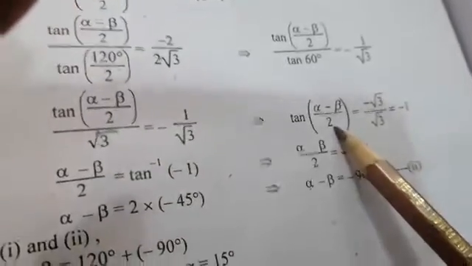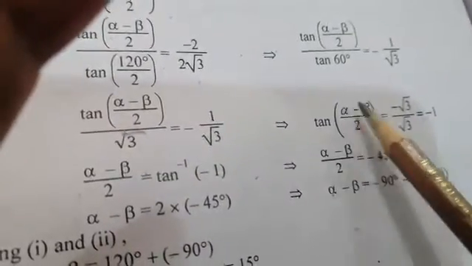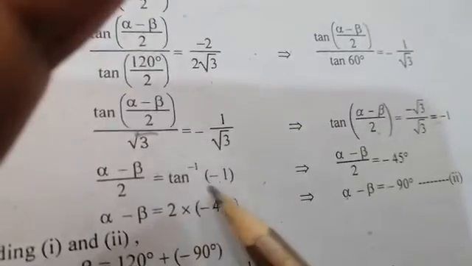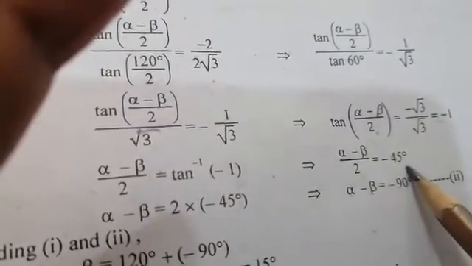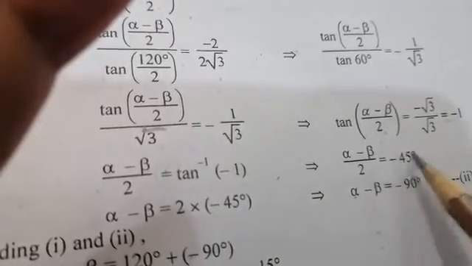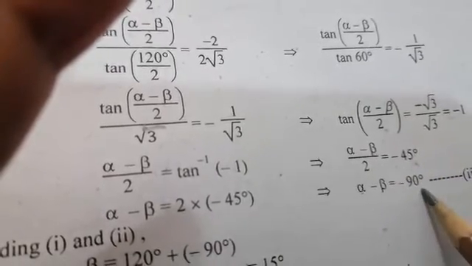Now we can write it in this form. Now alpha minus beta by 2 is equal to tan inverse of minus 1, that is equal to minus 45 degrees, and when we multiply this by 2, we get minus 90 degrees.